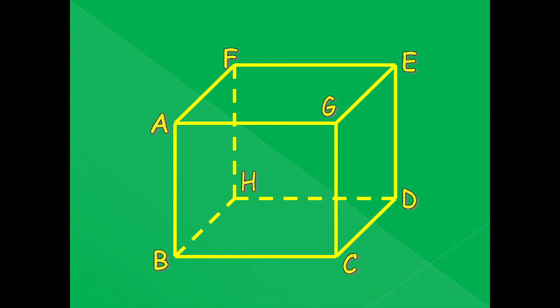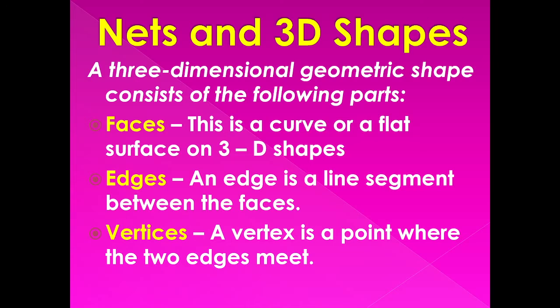Now let's focus on this kind of 3D shape. What do you call it? A cube. So a cube, what are the faces of a cube? Squares, right? Yes. So let's determine the edges. Who can give me one edge there? When I say edge, let me go back to the definition. An edge is a line segment between the faces.